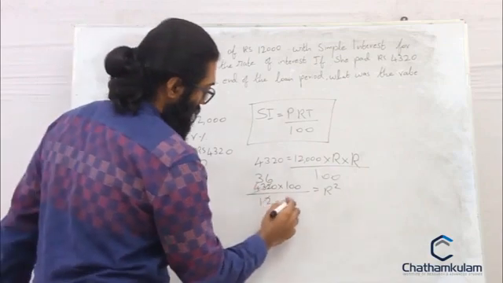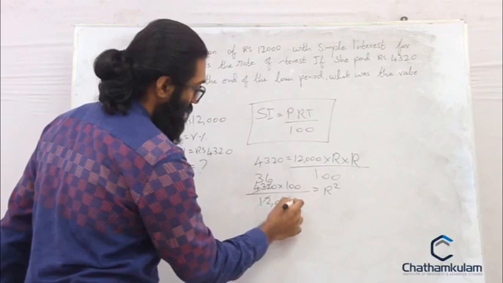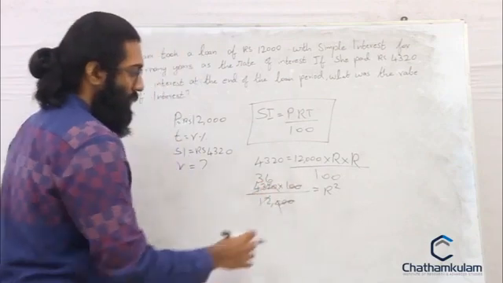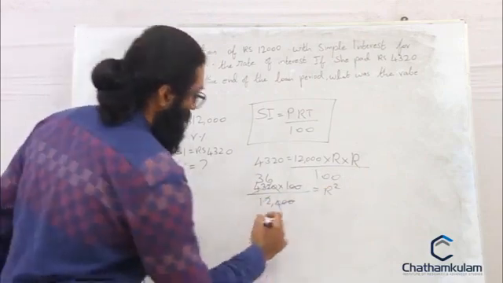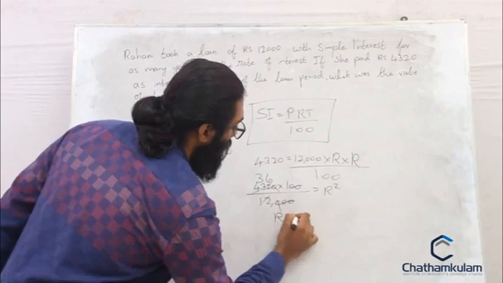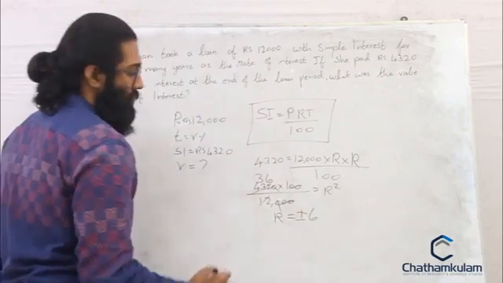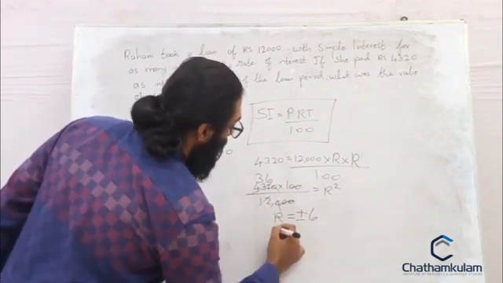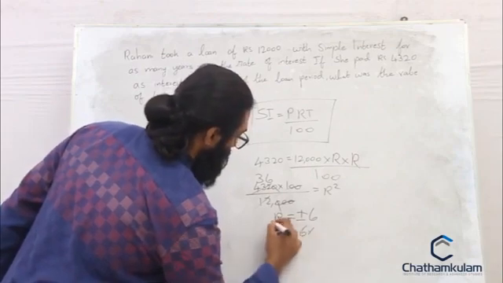So 36 into 100 divided by 1000. We cancel the 0 0 here and 0 0 here. And therefore R square equals 36. Therefore R equals plus or minus 6. Since the rate of interest cannot be negative, we take R as 6%.